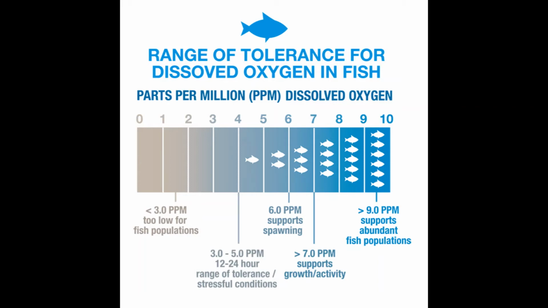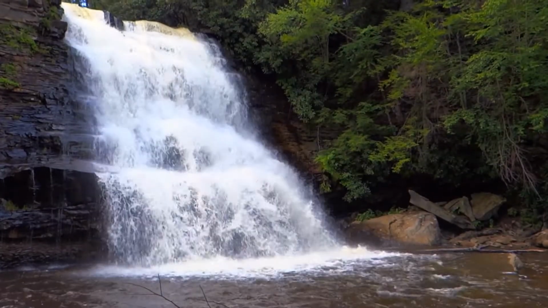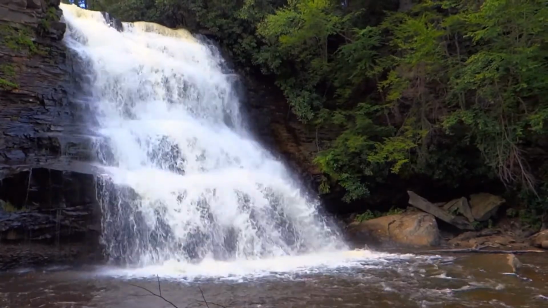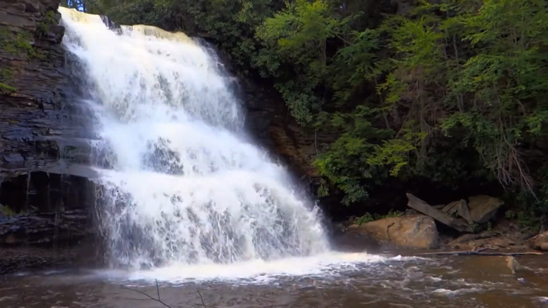Colder waters have the ability to hold more DO than warmer waters. Moving waters also tend to have higher dissolved oxygen levels, as moving water pushes small amounts of oxygen from our atmosphere into our water. Looking at this waterfall, you can imagine just how this might occur.